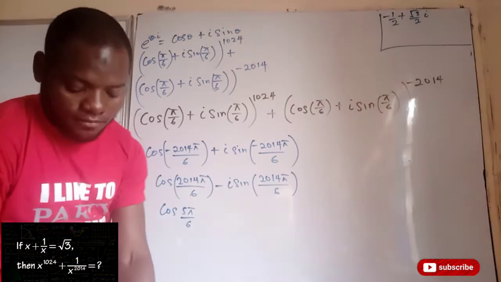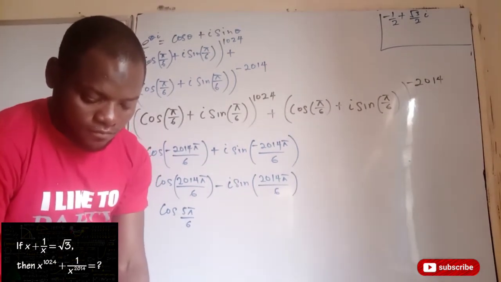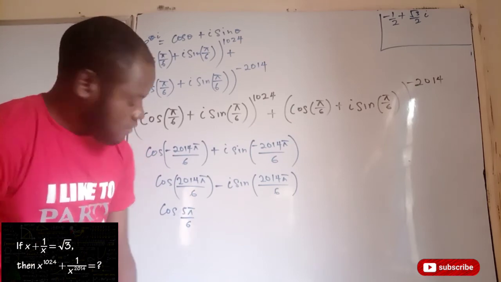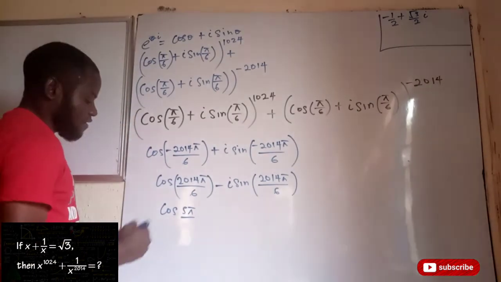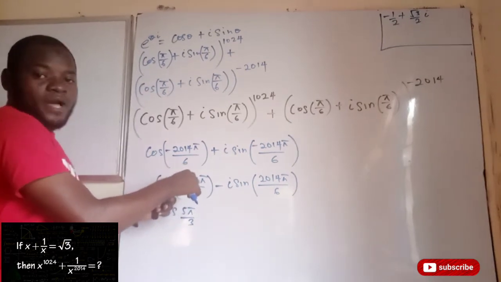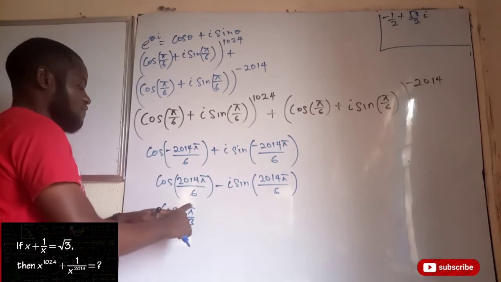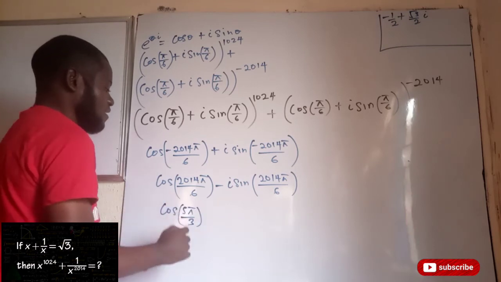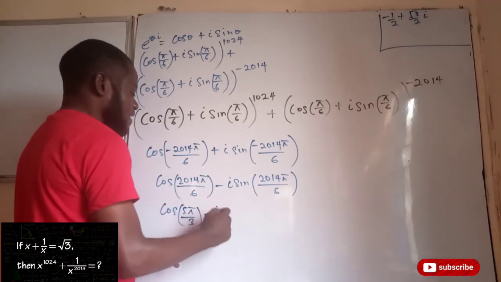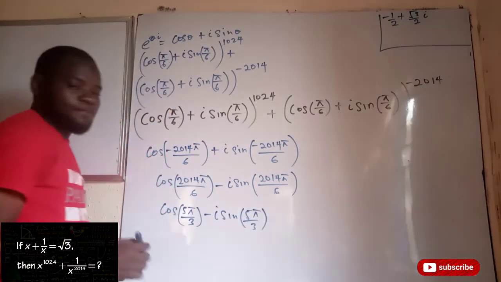Okay, so I will keep on doing this. If I keep subtracting 2 pi from this, I'll end up having cos of what? Cos of 5 pi divided by 3 minus i sine of 5 pi divided by 3.